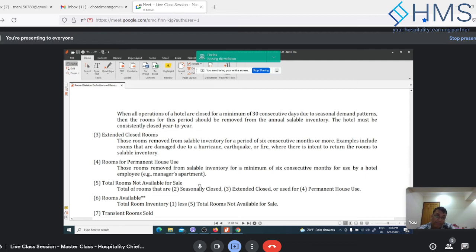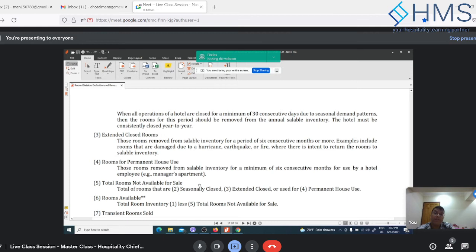Right, but they'd be out of order, right? Yes, that will be non-sellable, out of order, but they will still be part of your available rooms. Means when you calculate the RevPAR, it will still be calculated including those rooms, not excluding them. Because out of order rooms are temporarily out of order, they are not counted as not available for sale.